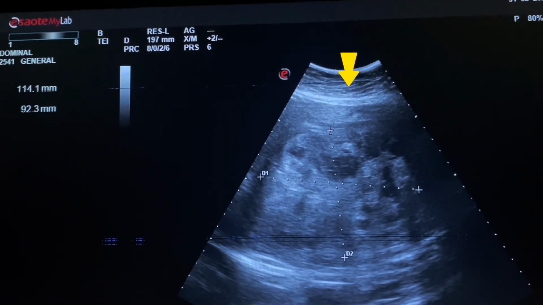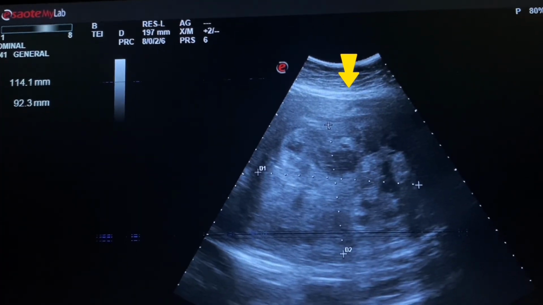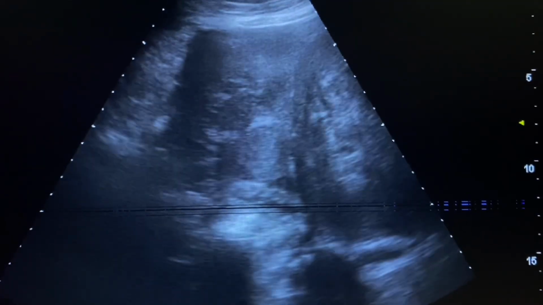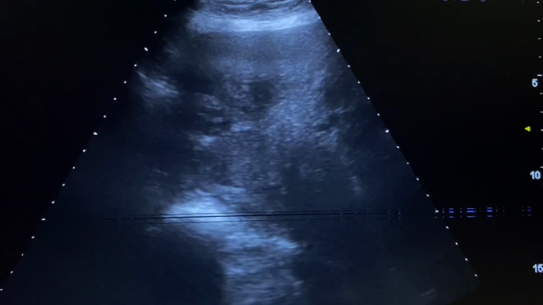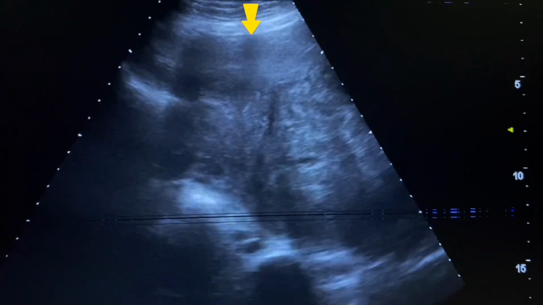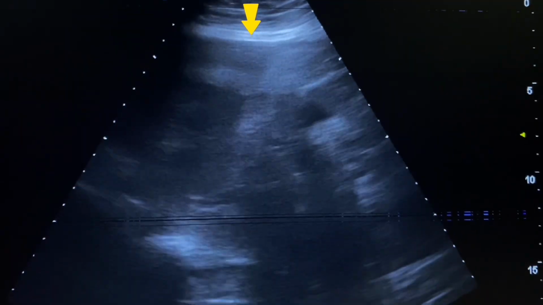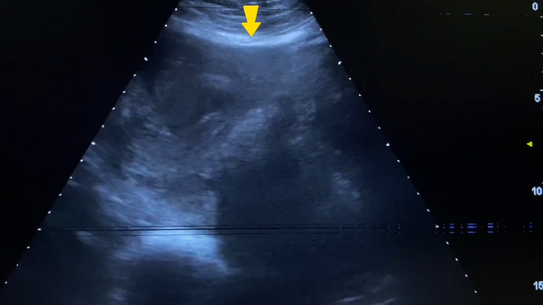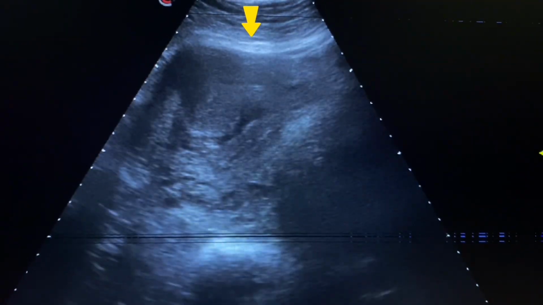The mass is so large that we cannot appreciate the walls of the uterus, and it causes a compression effect on the right lower abdomen, especially when the patient is in lying position.